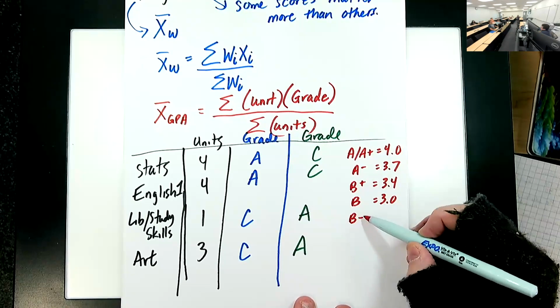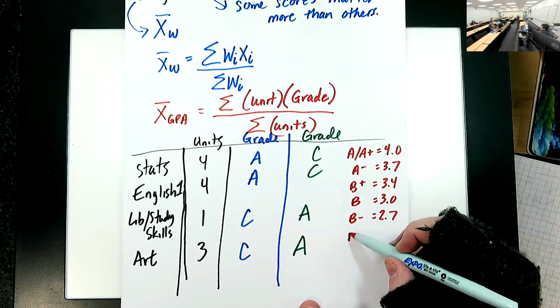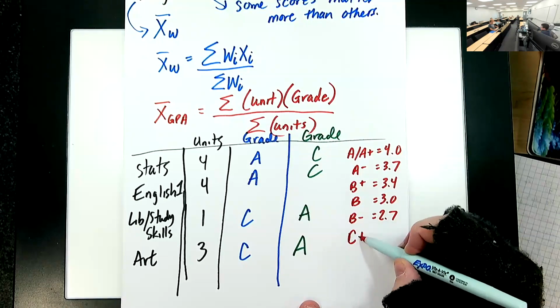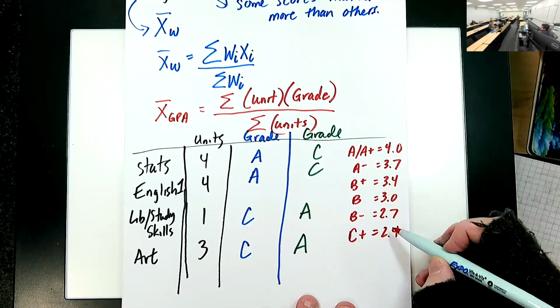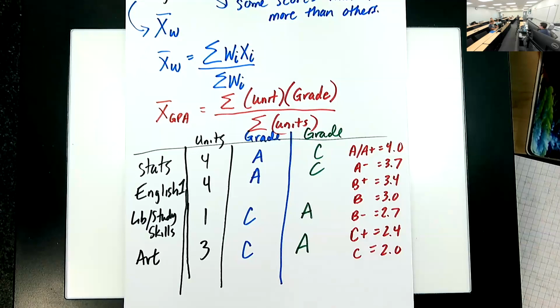B minus is a 2.7, and it keeps going like this. A C plus is a 2.4, and a C is a 2.0. A plus, I think it's 4, it might be 4.3. Let me look.